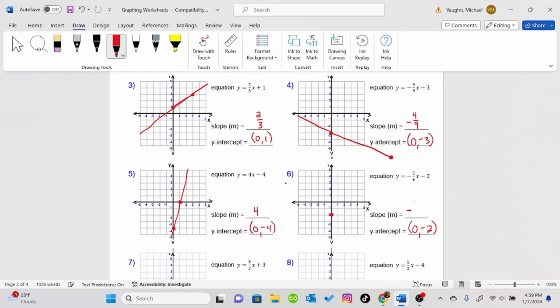So our slope is -2 over 5. That tells us to start at the y-intercept, go down 2, right 5, and put our second point. We draw the line that connects them, and we have our graph.